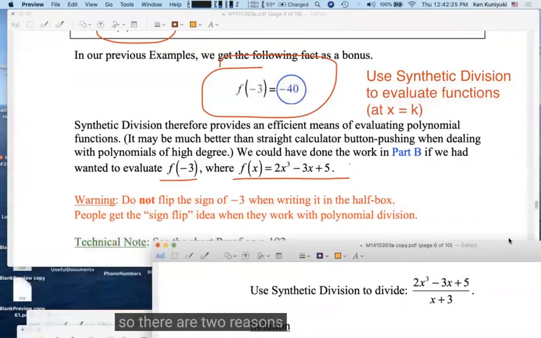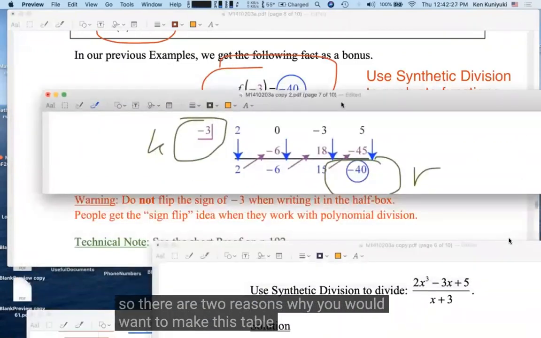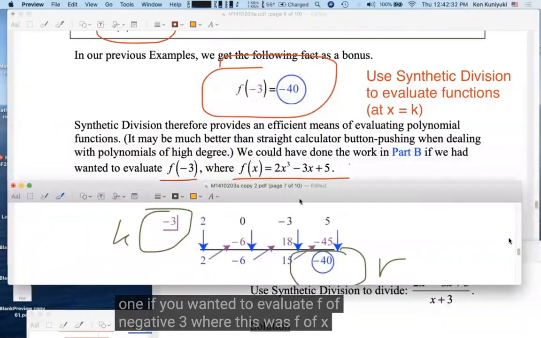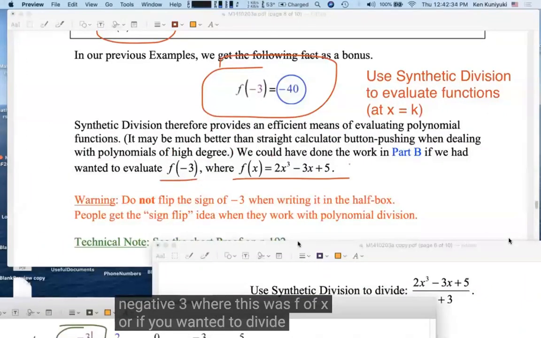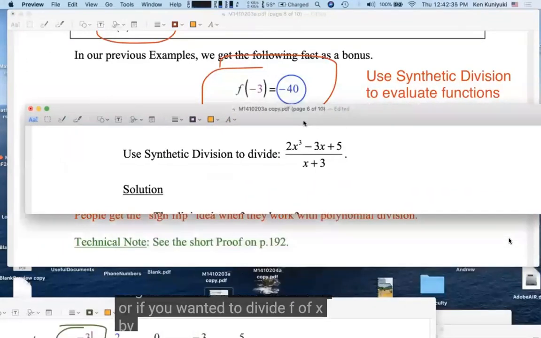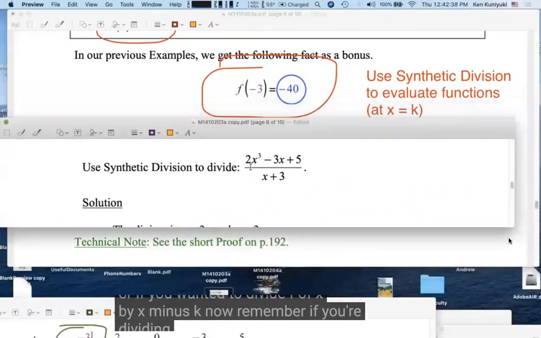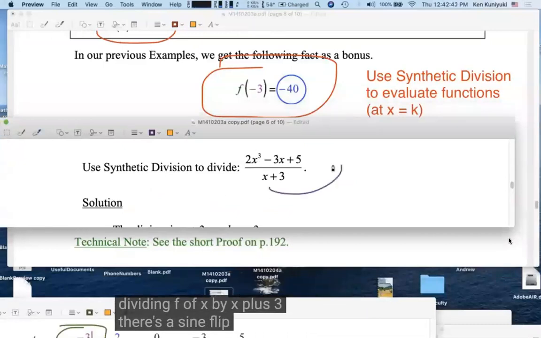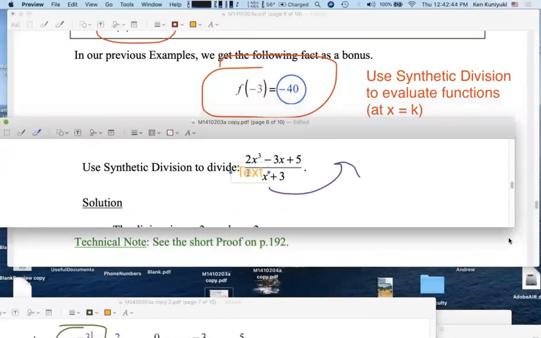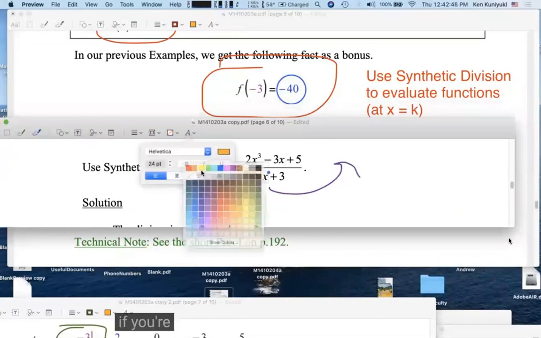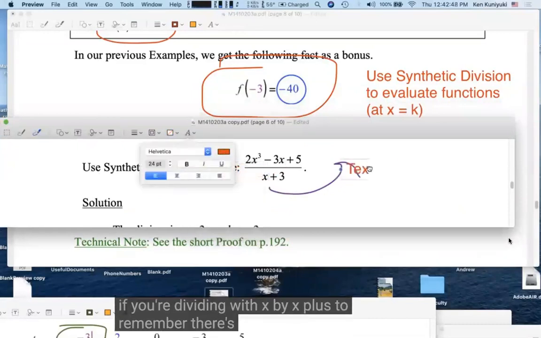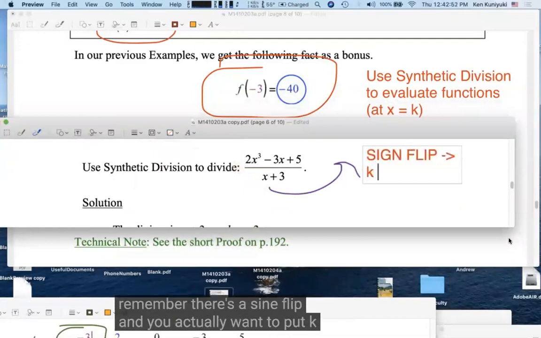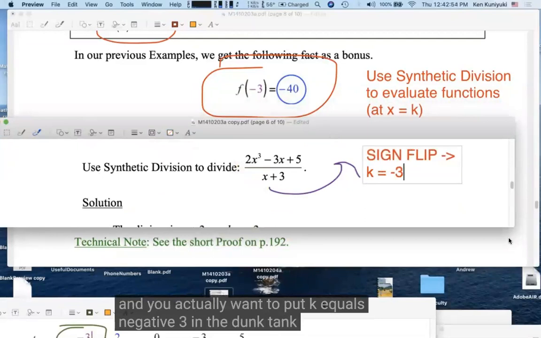So there are two reasons why you would want to make this table. One, if you wanted to evaluate f of negative 3, where this was f of x, or if you wanted to divide f of x by x minus k. Now remember, if you're dividing f of x by x plus 3, there's a sign flip, and you actually want to put k equals negative 3 in the dunk tank, like so.